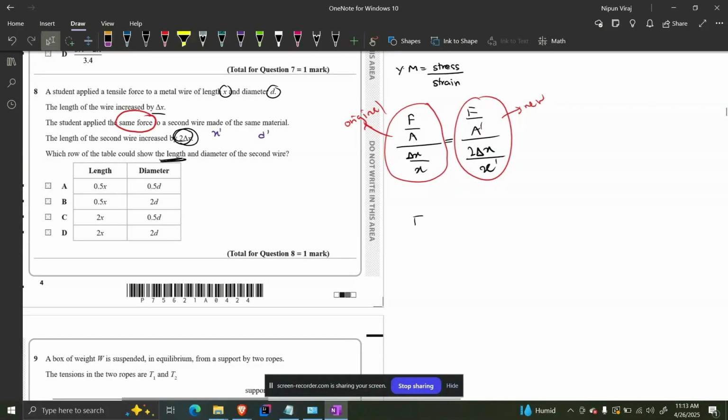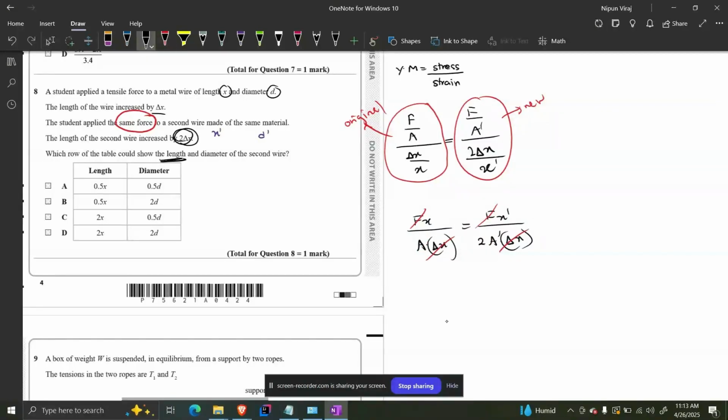Let's see that. So we get f x divided by a times delta x equals f x dash divided by 2 a dash times delta x, because in the new wire we still don't know the area. So we can cut this, and we can cut delta x.